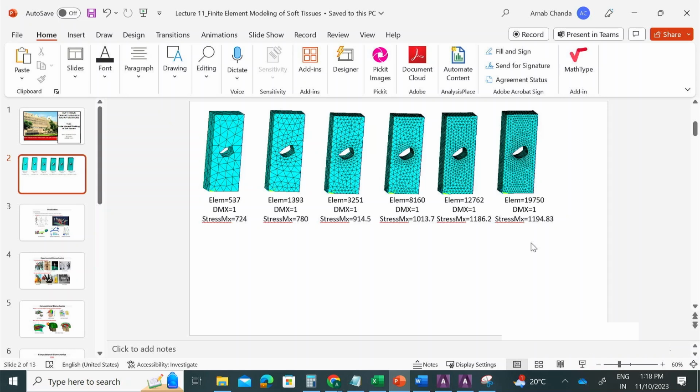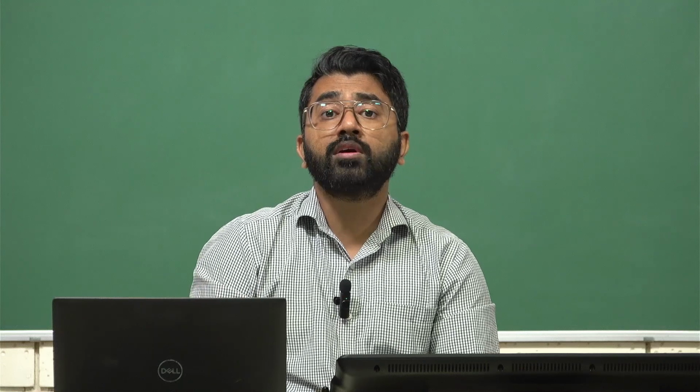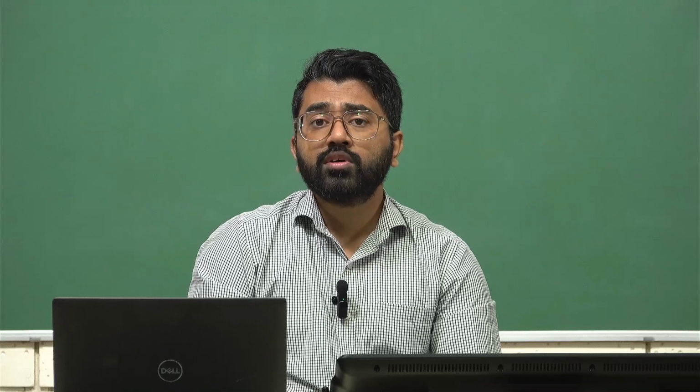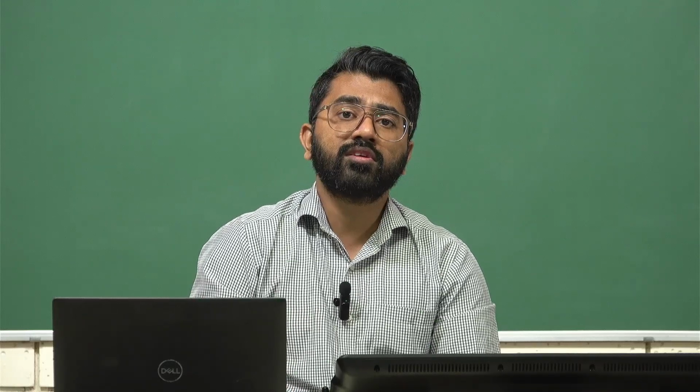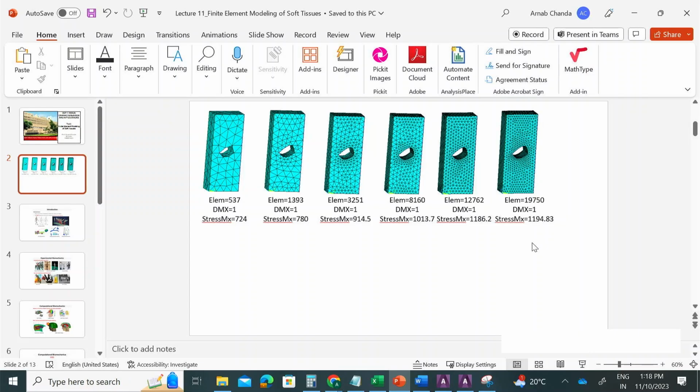You might have to go further depending on the kind of model you're working on. There is no single rule that applies to all models, but the thumb rule is wherever you see that even with a drastic change in the number of elements, the value of stress or displacement is not changing drastically, that is where you can possibly stop and do further analysis.